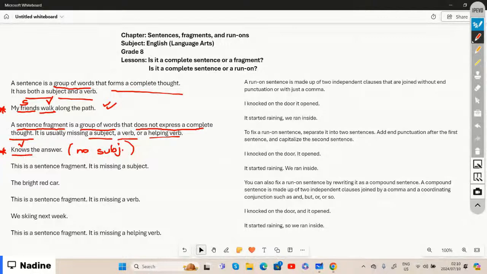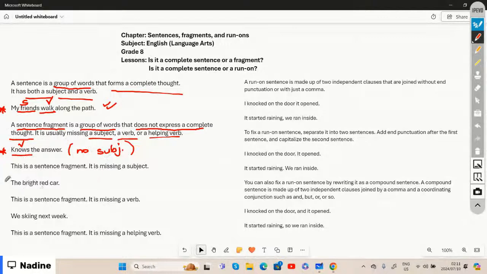That is the question that we need to ask ourselves. Who knows the answer? And like we said, it's missing a subject.